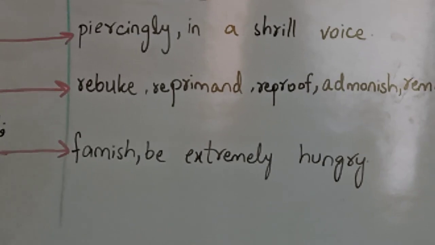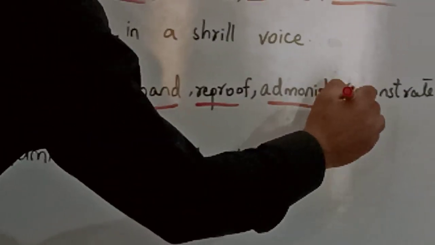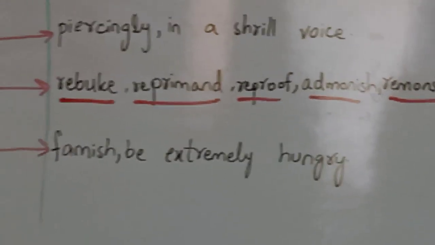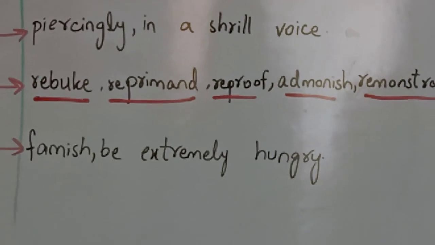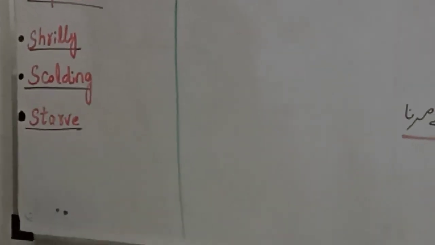So how many synonyms does scolding have? Rebuke, reprimand, reprove, admonish, remonstrate. Almost five synonyms you have got against scolding. Instead of writing scolding, you may write rebuked.